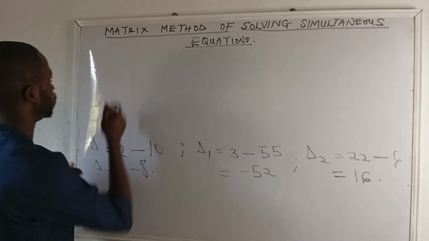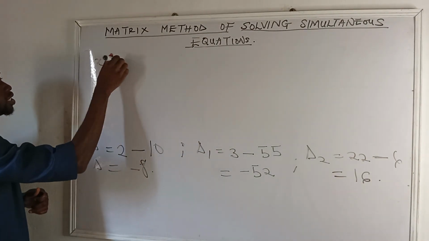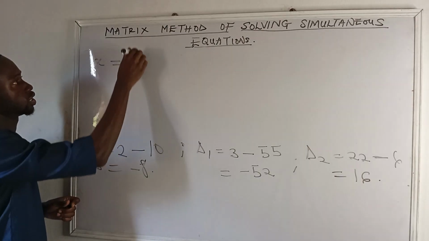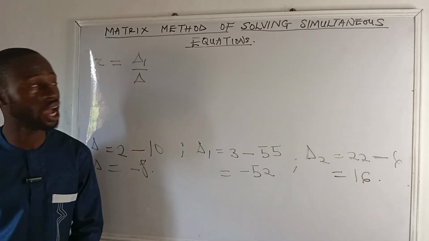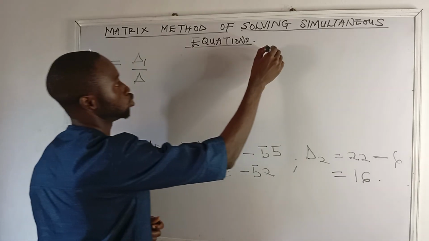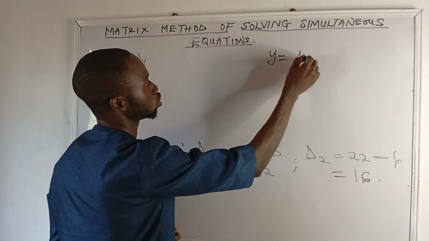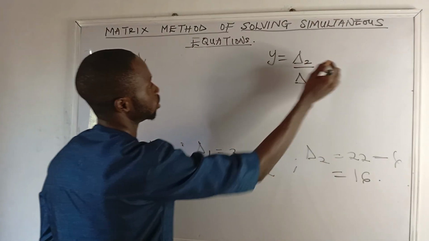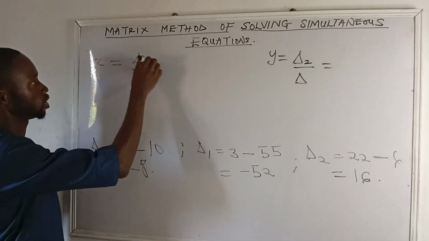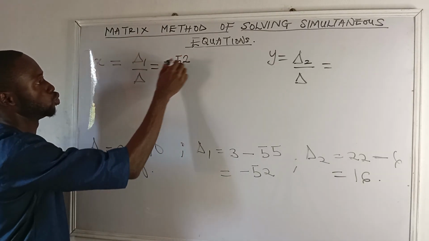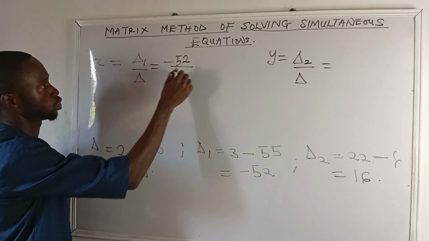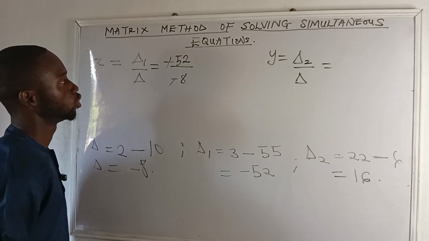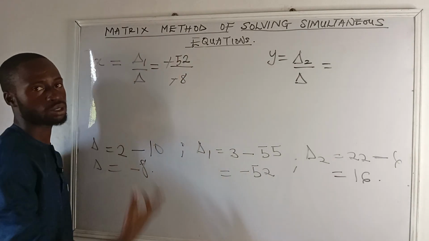16. So remember that x is equal to delta 1 over delta, right? Then our y is equal to delta 2 over delta. So our delta 1 in this case is minus 52 over, then our delta is what? Minus 8. So minus cancels minus. Now let's divide this because I believe something can divide it.